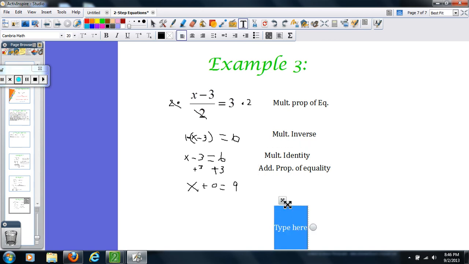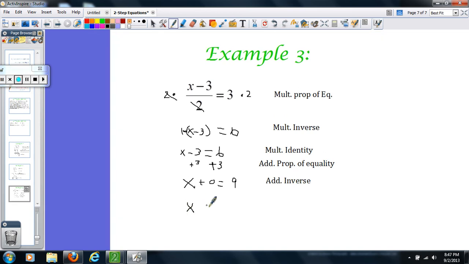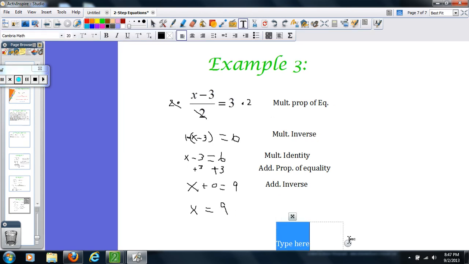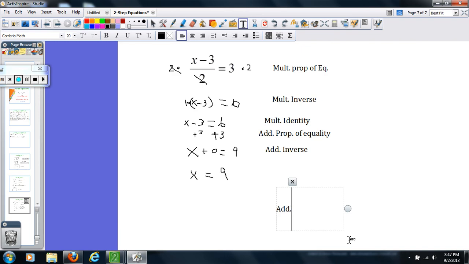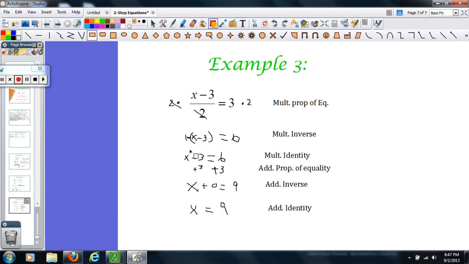And then this one here would be the additive inverse property. And then the last one is that x plus 0 is just x, so we get x, oh my goodness, that's terrible. We get x equals 9. And that one there will be the additive identity. And that would be our last step, and then we get our answer of x equals 9.